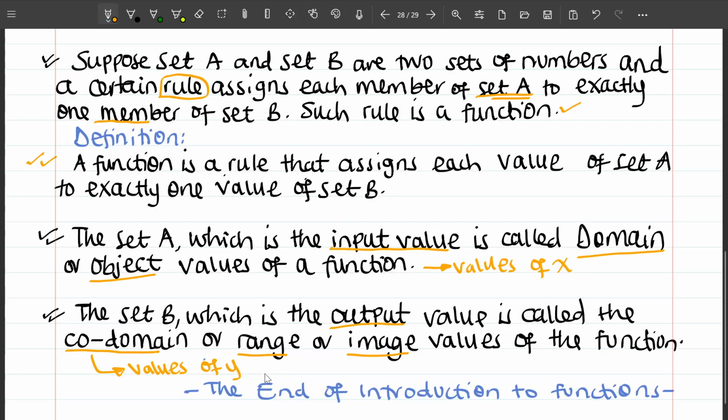Both the input values and the output values are real numbers. By saying real numbers, we mean that the input value is not a number divided by 0, and is not the square root of a negative number. The same applies to set B.